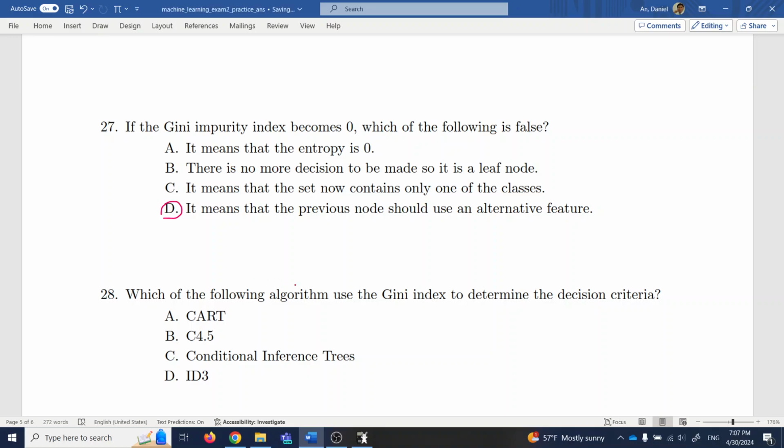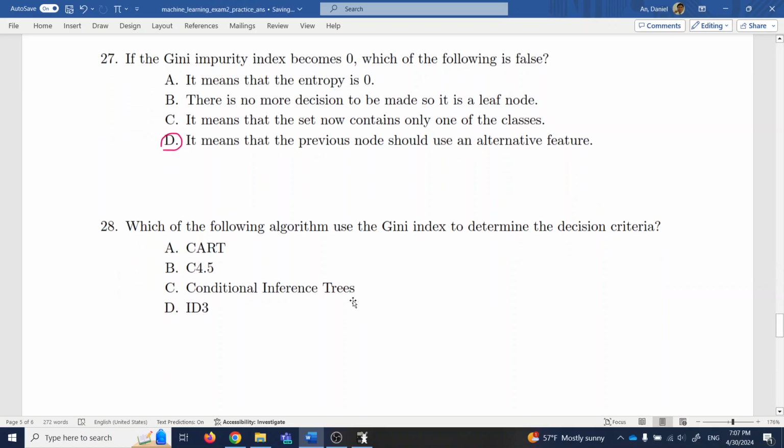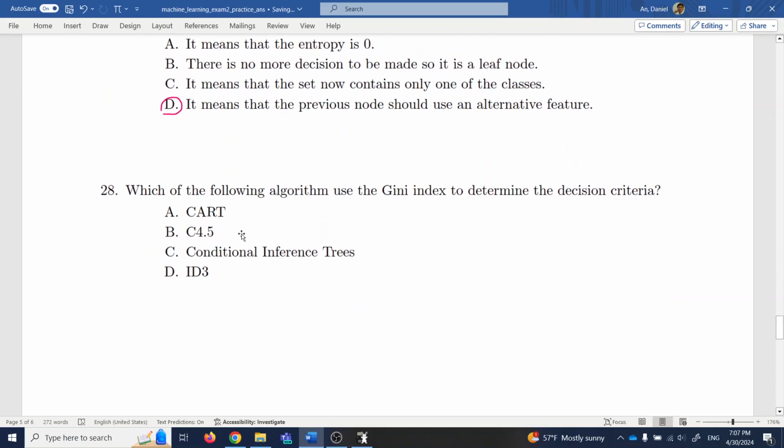Now, which of the following algorithms uses the Gini index to determine the decision criteria? Well, I actually don't know about conditional inference trees. This seems to be using something completely different, but what you do have to know is that the ID3 algorithm and C4.5 are algorithms that use the entropy to figure out the best feature to make decisions.